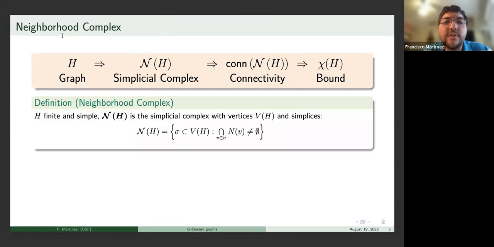The definition of the neighborhood complex that he gave is the simplicial complex where the vertices are the vertices of the original graph H, and the simplices correspond to subsets of vertices such that those vertices share a common neighbor.